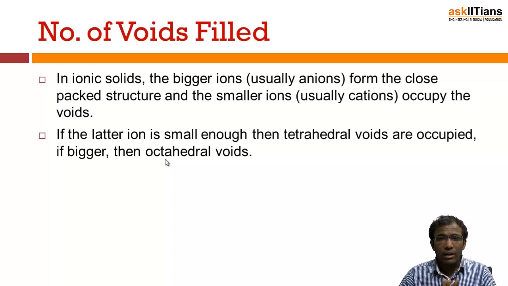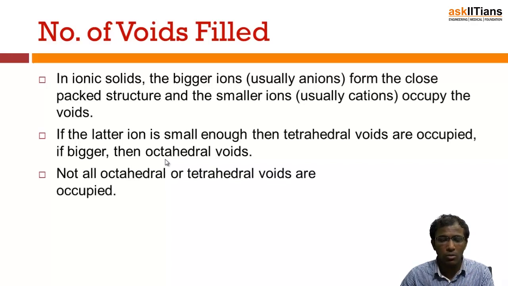If the cations are small, then the tetrahedral voids are occupied, because the size of the tetrahedral void is less as compared to octahedral voids. If it is bigger, then the octahedral void is occupied, because the octahedral void is bigger as compared to the tetrahedral void.